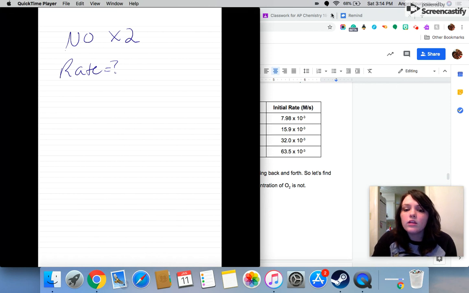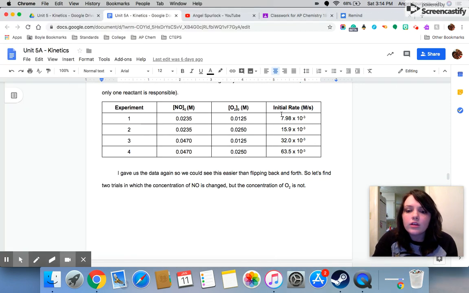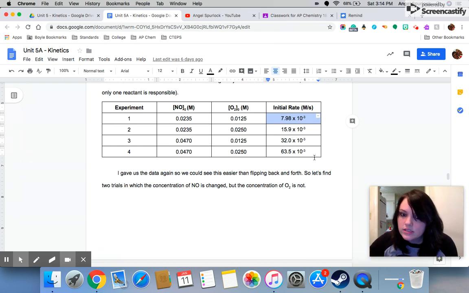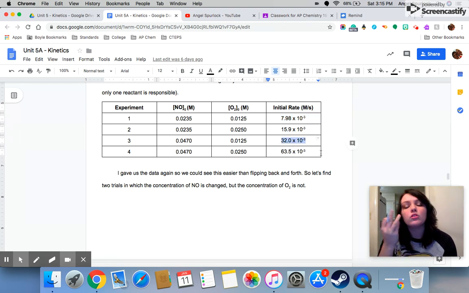Well, in experiment 1, right here, our rate was 7.98 times 10 to the negative third. And in experiment 3, we can definitely see that the rate has increased. It's gone up to 32.0 times 10 to the negative third.